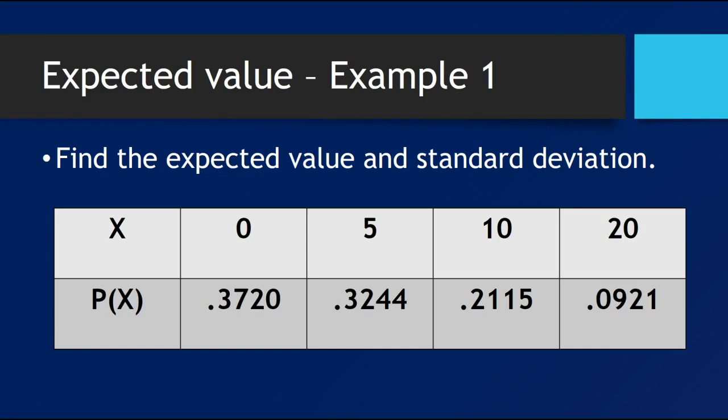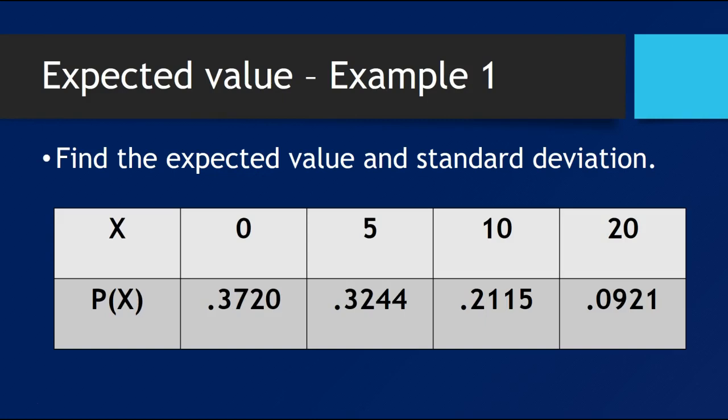Hopefully you did that. So again, let me explain what I'm doing. In my list 1, we have the total outcomes. Notice that the outcomes are 0, 5, 10, and 20. So we have 4 different outcomes in list 1.